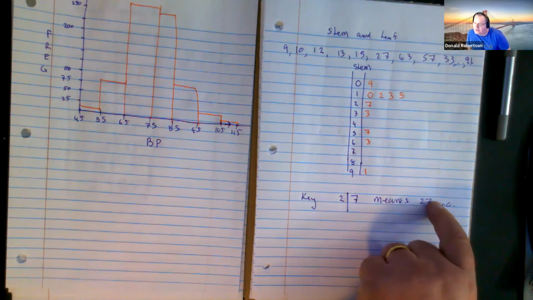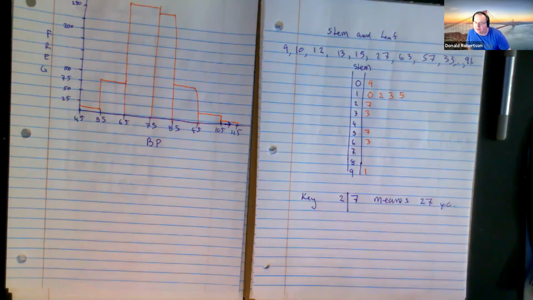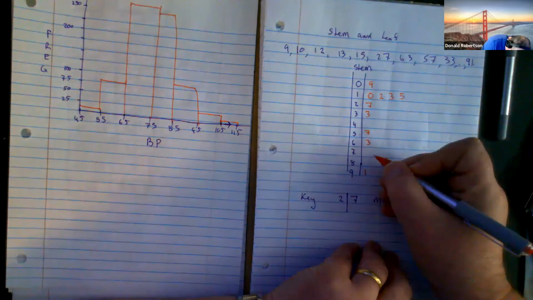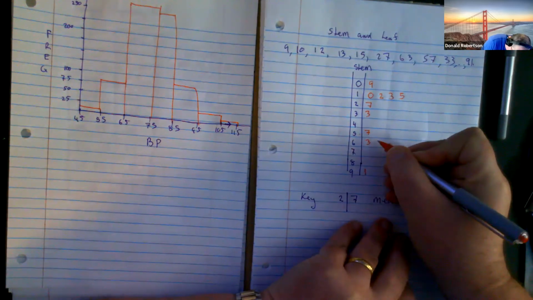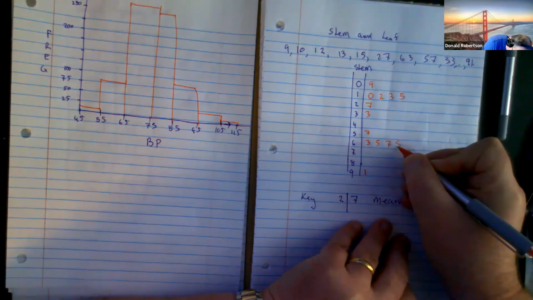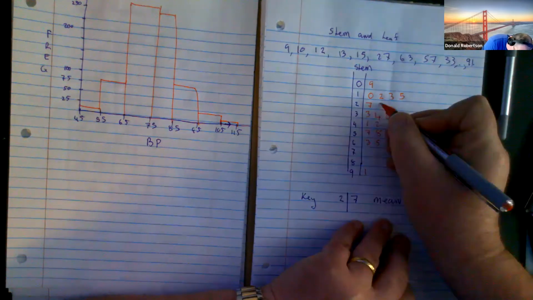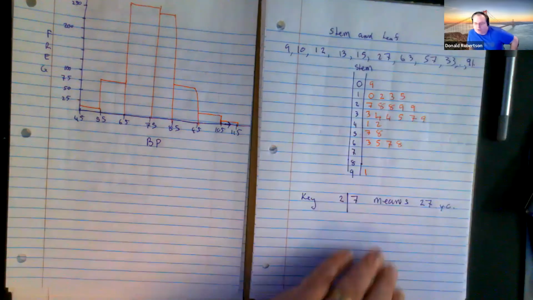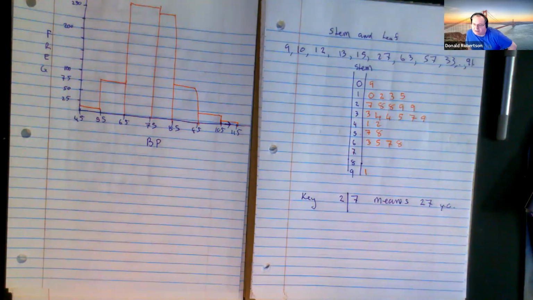So the reason the key is there is so people can read this, because they won't get to see the data. So let's just pretend that was all my data. So I collected all my data, and that's my finished stem and leaf.